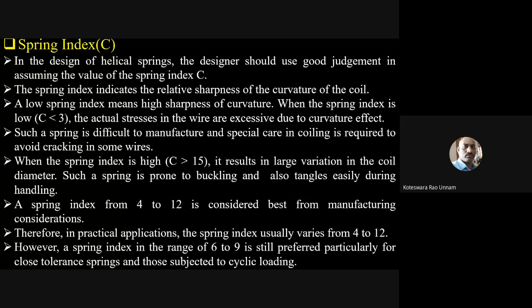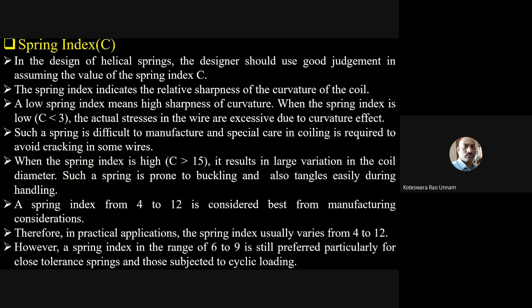Therefore, a low spring index is not recommended, especially less than 3, and it is also not recommended from the manufacturing point of view. Whereas if the spring index is too high, more than 15, there is a possibility of the spring buckling even under a small load. If you apply a very small load, it is going to buckle. Therefore, the spring index cannot be more than 15.